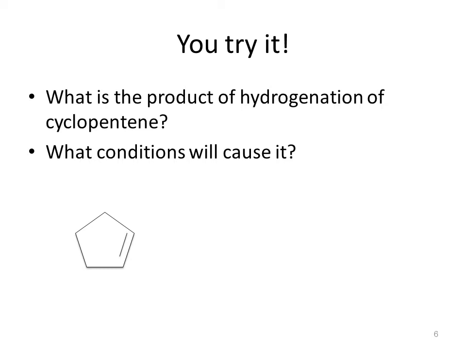So here's the cyclopentene. Now, to figure out what is the product of hydrogenation, we know that in hydrogenation, two hydrogens are added across the double bond. So we'll write it with the double bond being gone, and we're not writing the hydrogens in there, but we know they're there because of knowing how many hydrogens must be on those carbons for no double bond to be there.